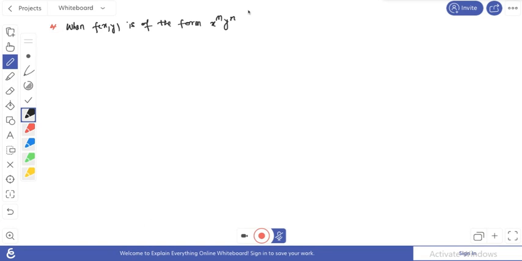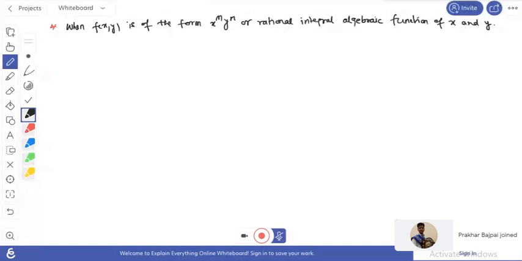Suppose we consider this type, or any rational integral algebraic function of x and y. If we take this type of function, then what is the particular integral?